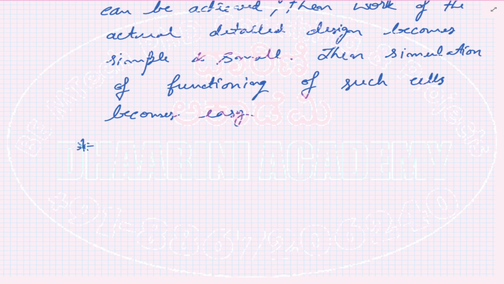Now, once you are fine with the regularity or the generality of your whole system, it can be exploited to build structures of any size. For example, I know how to build a 4 into 4 subsystem, like what we designed now.